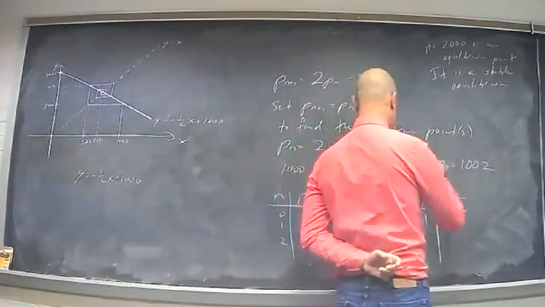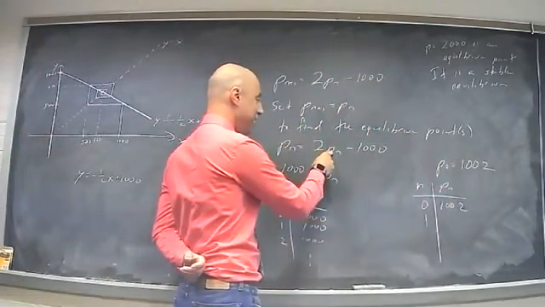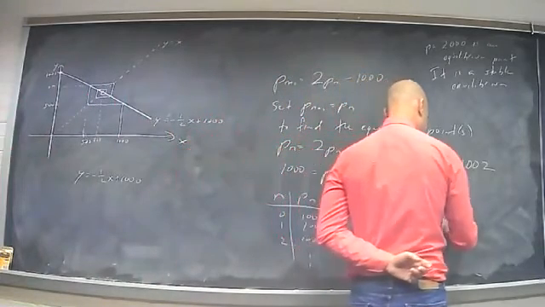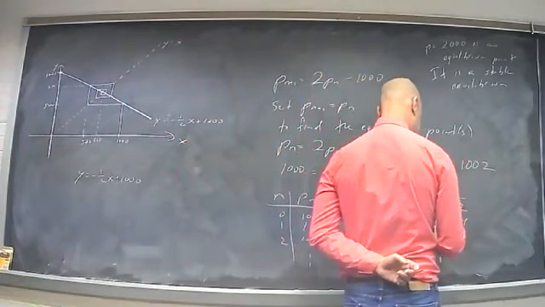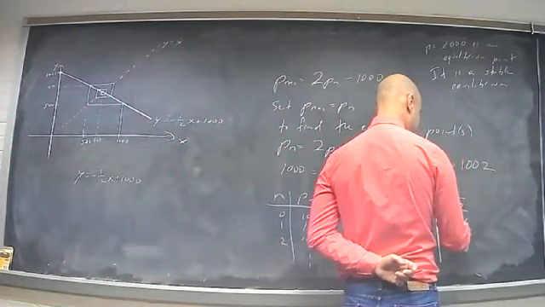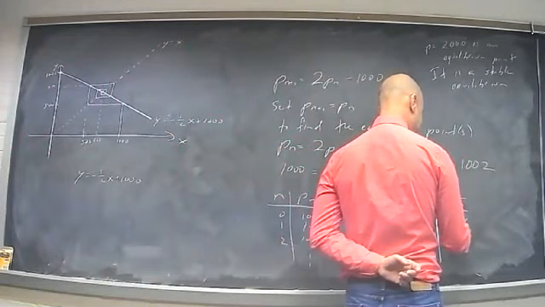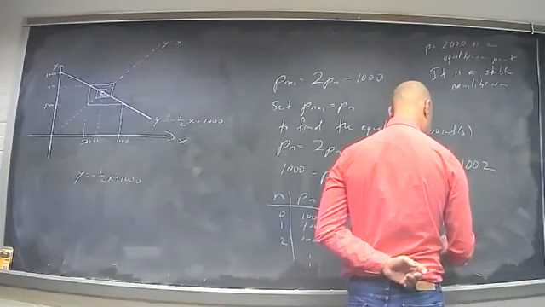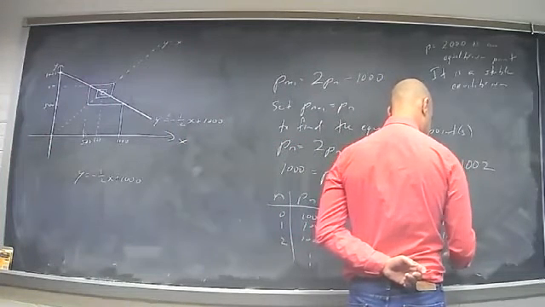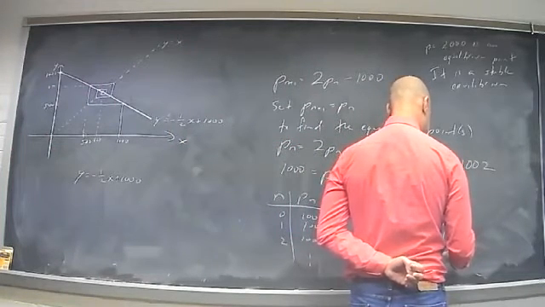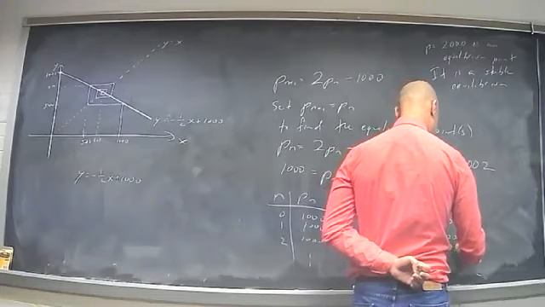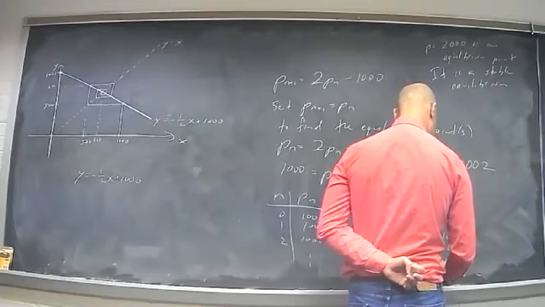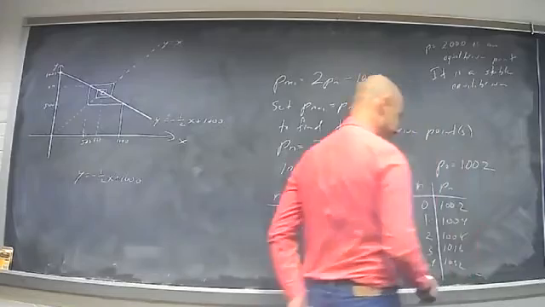So 2 times 1,002 is 2,004, minus 1,000 is 1,004. 2 times 1,004 is 2,008, minus 1,000 is 1,008. 2 times 1,008 is 2,016, minus 1,000 is 1,016. And 1,032, and so on.